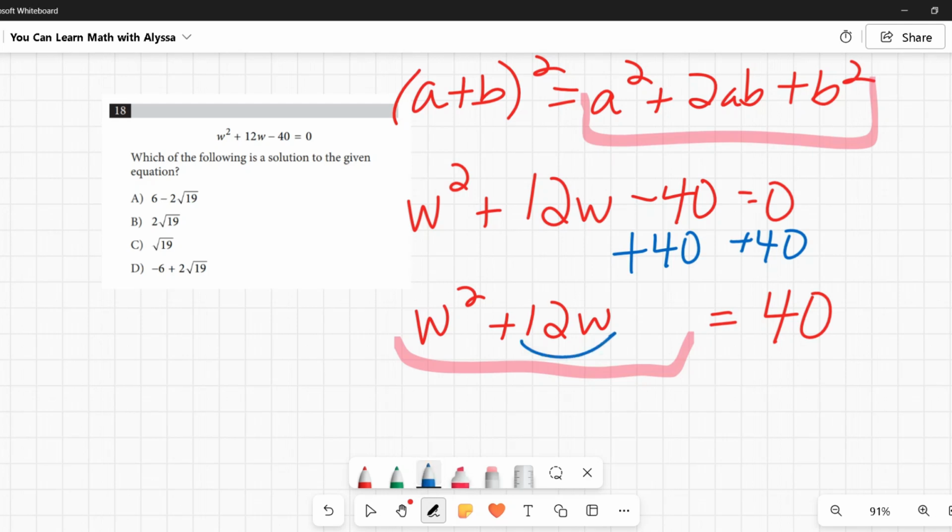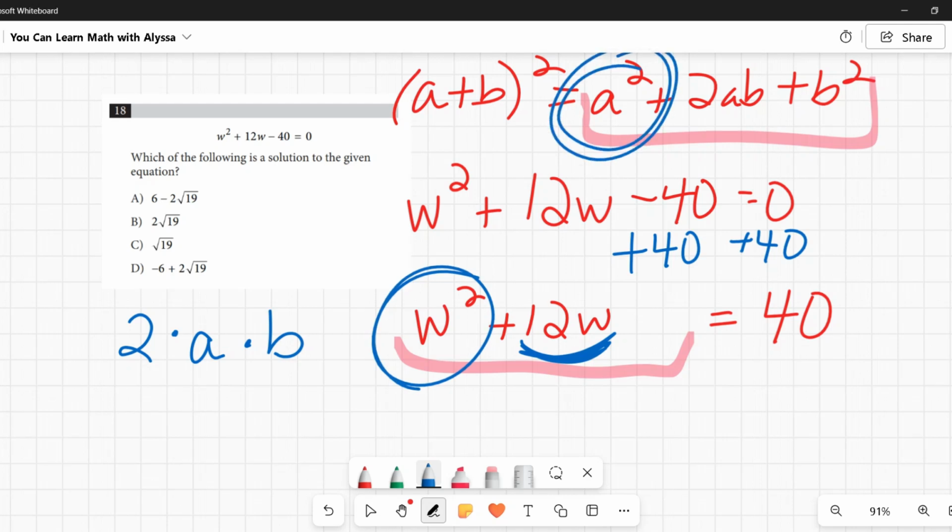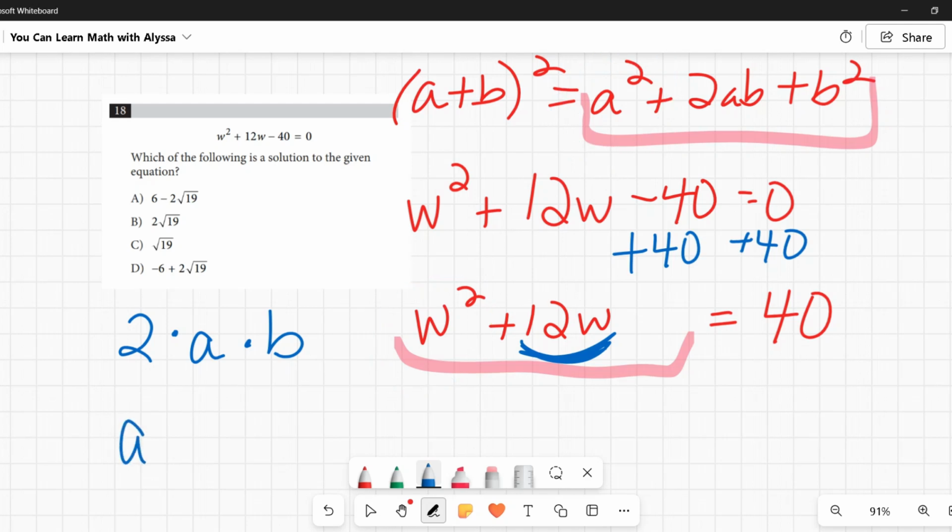So this central term, 12w, is going to be equal to 2 times whatever my a term is times whatever my b term is. What is my a? Well, this first one right here is a squared. w squared is a squared, so my a is just w.